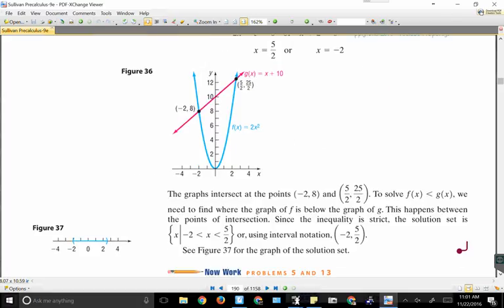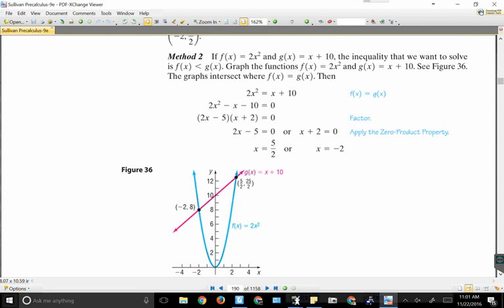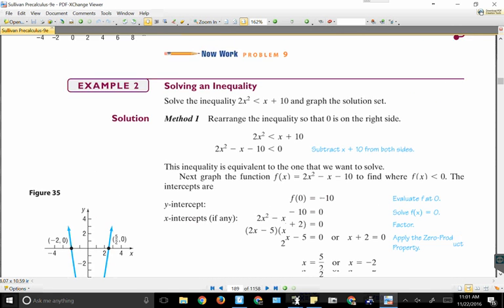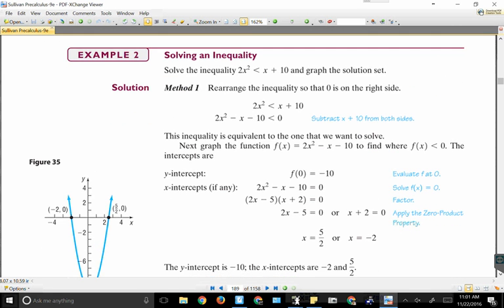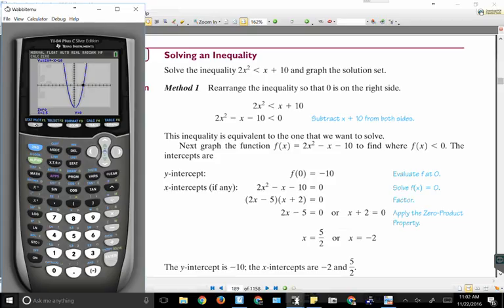Now, we can also deal with this if we have two of them. So let's back this up a little bit. I could also have dealt with this in a different way. Back to the graphing calculator here, I'm going to clear this out. I've got 2x squared, and I've got x plus 10.